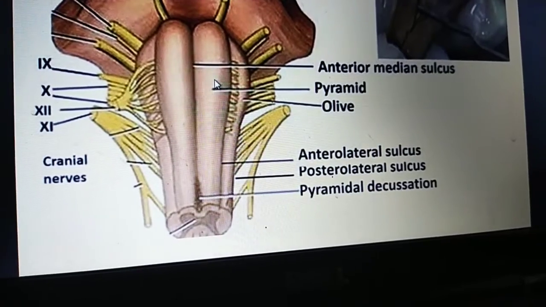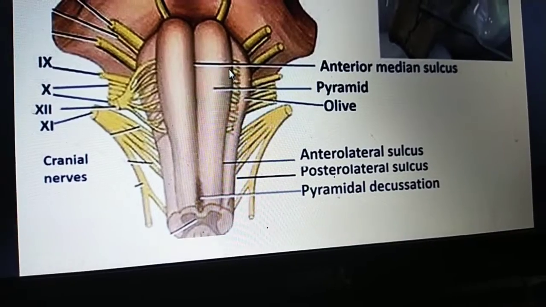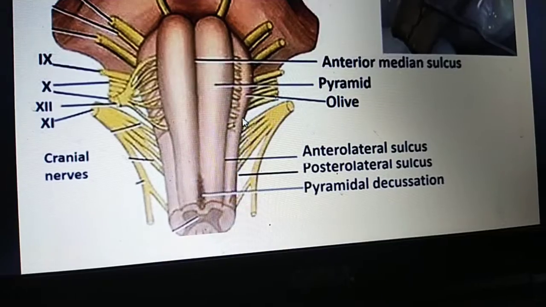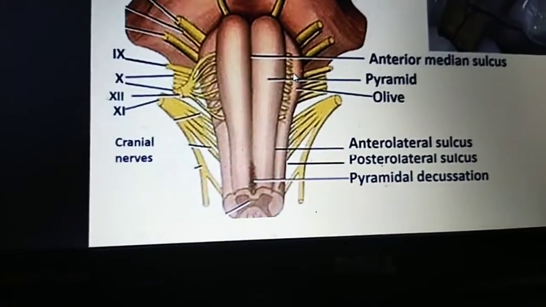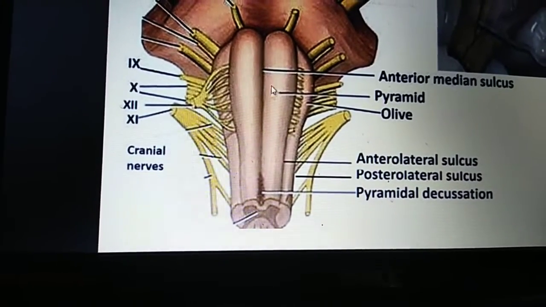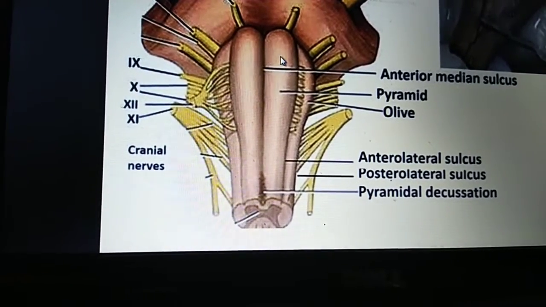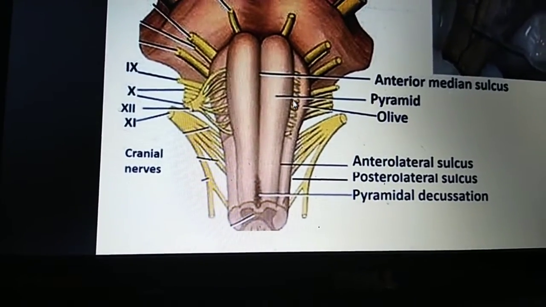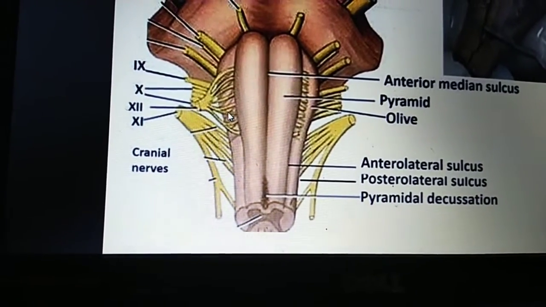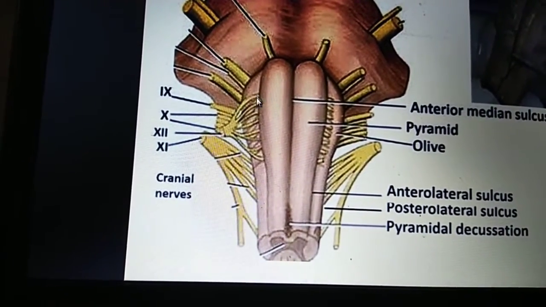In between the pyramid and the olive there is a groove, or sulcus, that is called the anterolateral sulcus, and this groove is called the posterolateral sulcus. This is the anterior median sulcus, or you can say the ventral fissure of the medulla oblongata. This is the pyramid, this is the olive, and this is the origin, or emergence, of the cranial nerves. You can see here in between the pyramid and olive, the cranial nerves originate.